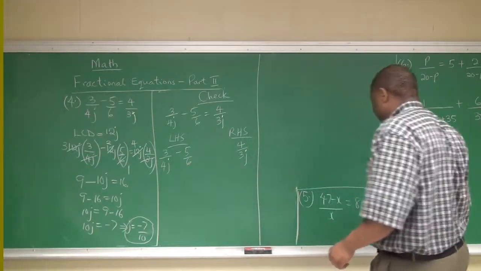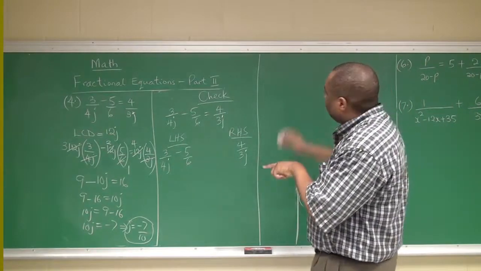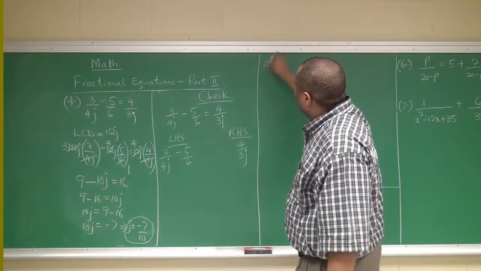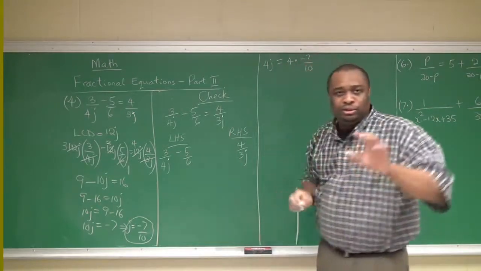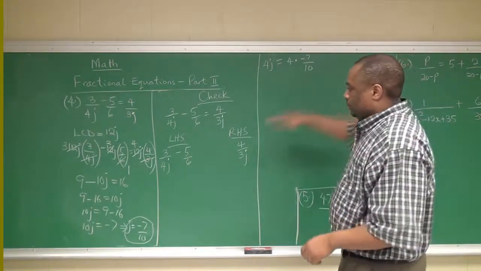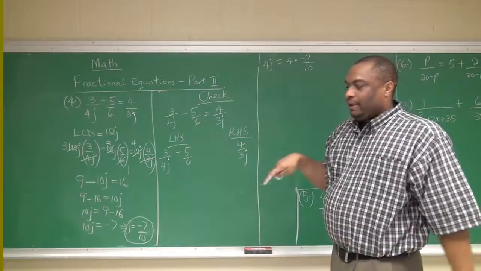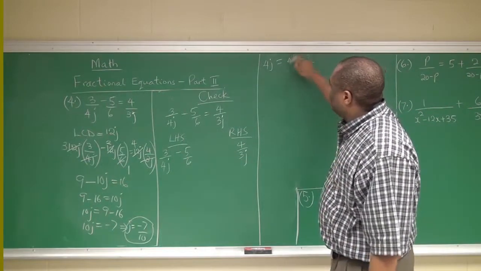Okay, we still got question 5 here. So let's first of all do 4j, okay? 4j will be 4 times negative 7 over 10. It's better you do this step by step so you don't make mistakes. So we want to do 4j, then we do 3 divided by 4j. Okay? So 4 times negative 7 over 10, let's simplify this.